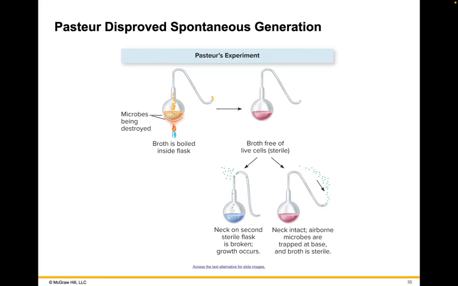What they didn't know is that the flies that were landing on the meat were laying microscopic eggs, and those were developing into maggots and then casing into flies. But Louis Pasteur, who's super famous, disproved this idea that living things can come from non-living things.